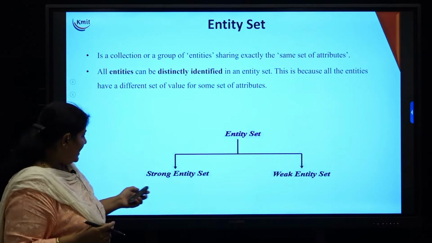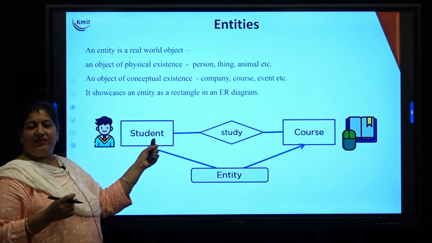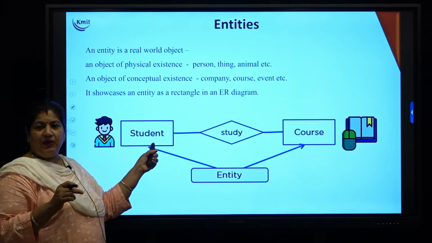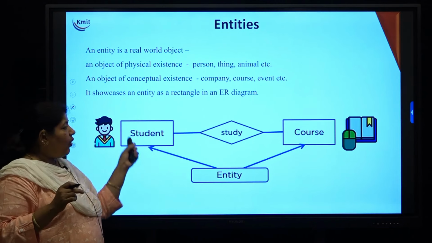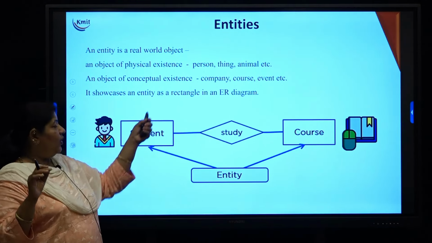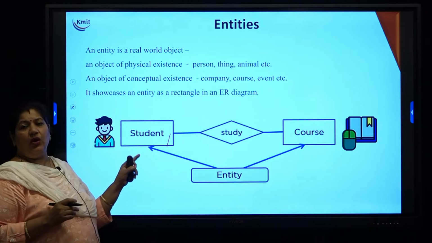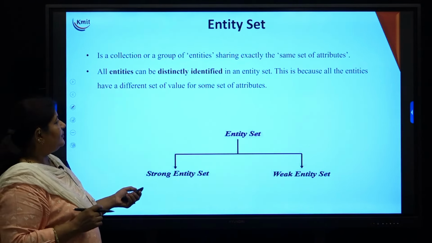Each instance within this is an entity, whereas the complete set is called your entity set, and each instance can be uniquely identified.